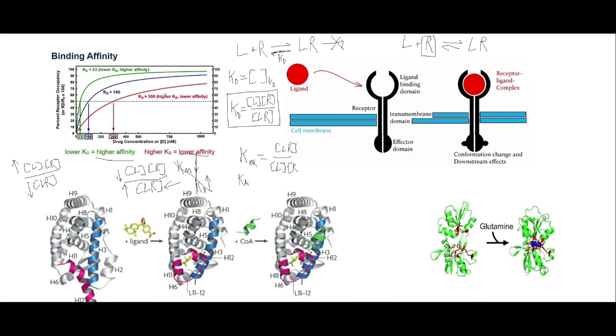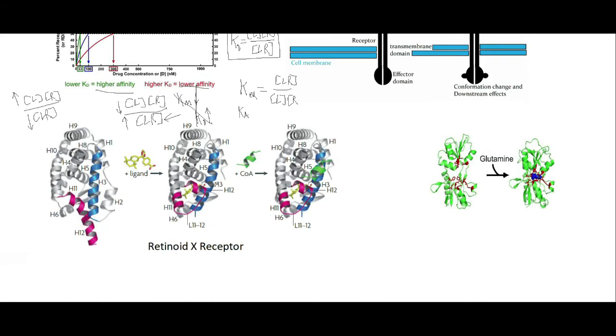And so down here I just have some instances of receptors where a ligand is binding, and you can see that it's causing this conformational shift. We have this here that's shifting when this ligand binds.